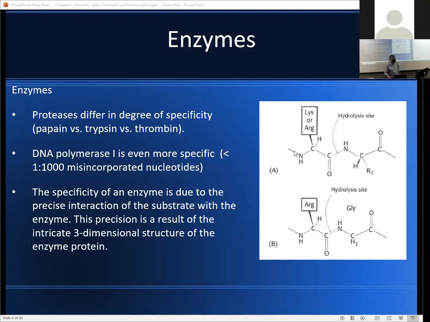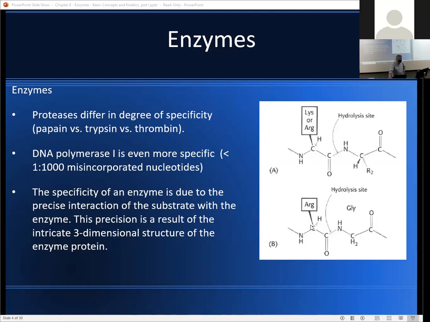Proteases differ in degree of specificity. Some enzymes are a little more promiscuous with regards to their substrates, whereas some are much more specific. One example of this is papain versus trypsin versus thrombin.